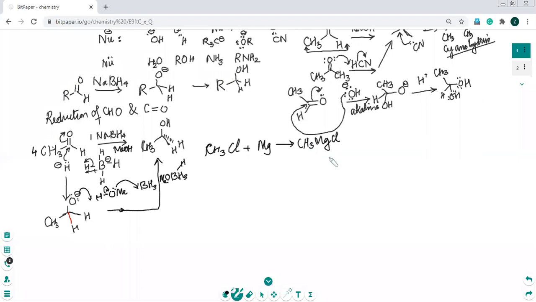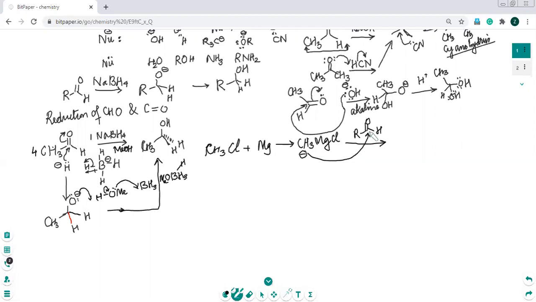Now this can be added, and remember CH3MgCl, I have told you it generates a carbanion, so this can be added to the aldehyde or ketone, C double bond O, H. This will generate a negative charge.